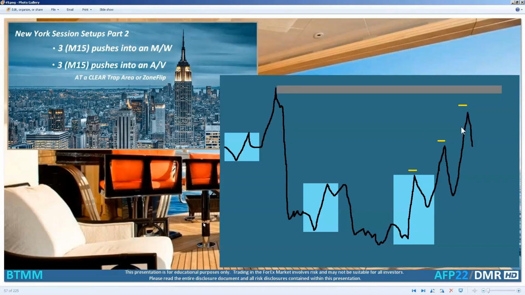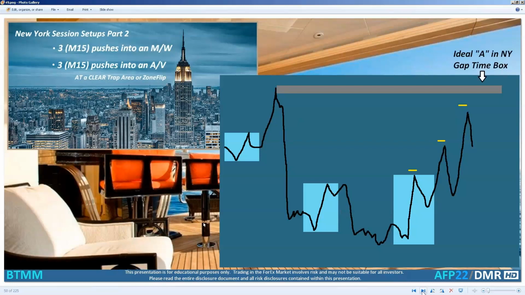So one can filter out all of these possible A patterns by using something off to the left that it anchors onto. So in reality, you're not trading an A or a V, you're trading a higher time frame M or W structure or a zone flip structure. I want to make that really, really clear. So I'm not going to get you into the first A or V that you see in New York. That's not what I'm trying to do. I'm trying to make you aware that you want to wait for something to the left that's very clear.